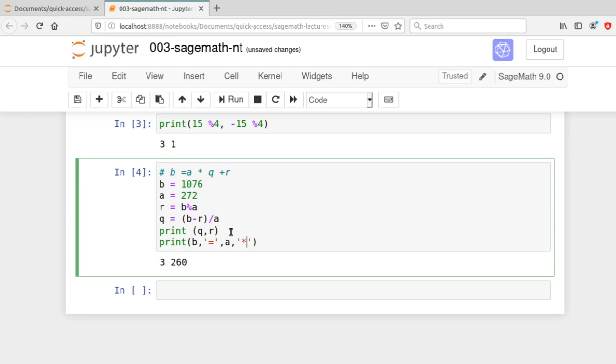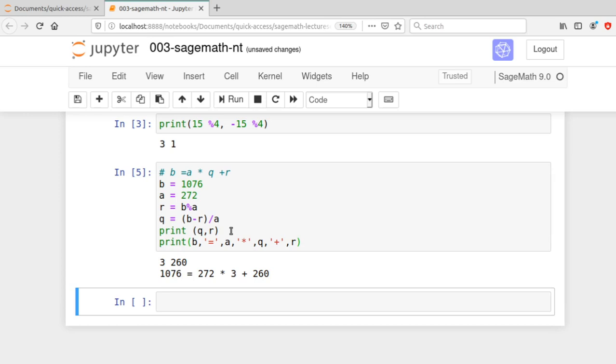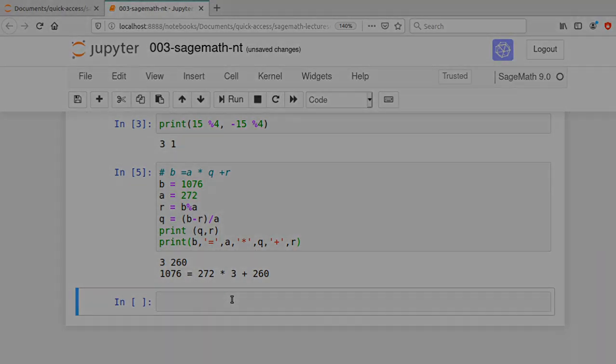After that, we need to print the value of q. Now we need a plus symbol. Now we need the value of r and everything included here. So if I press enter, I will get 1076 equals 272 into 3 plus 260. This is what the division theorem statement is.